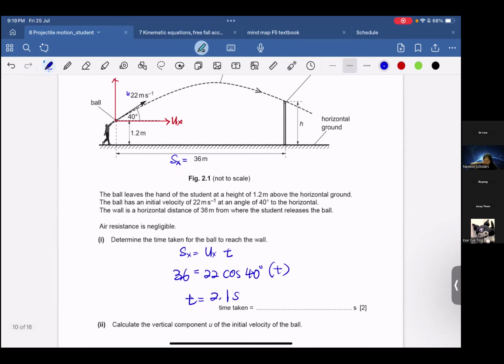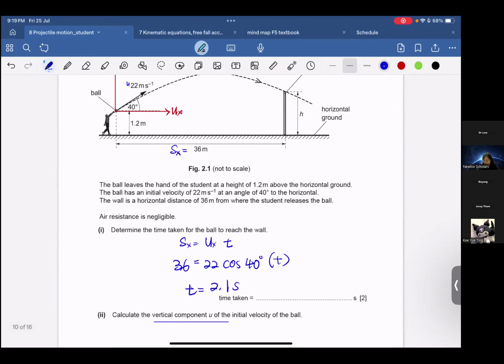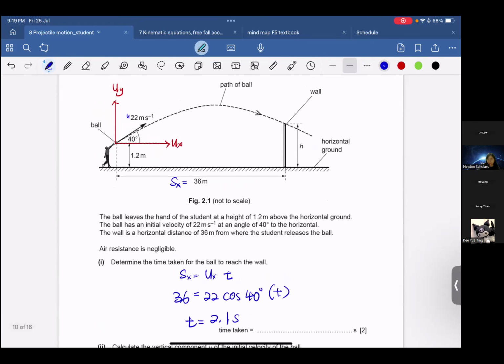Then next, the vertical component of the initial velocity. Oh, easy. Uy. They're asking you Uy. Like boys and girls, count for me. What is your Uy? 14. Yes, correct. 14.